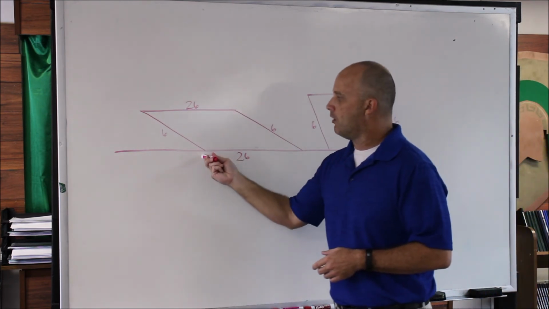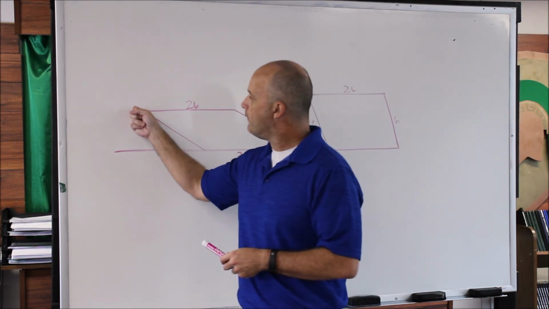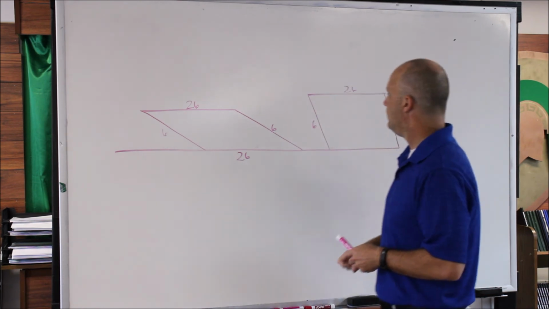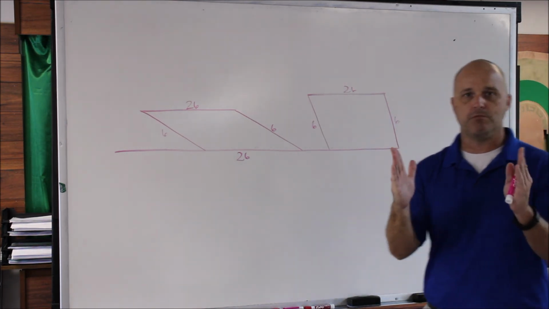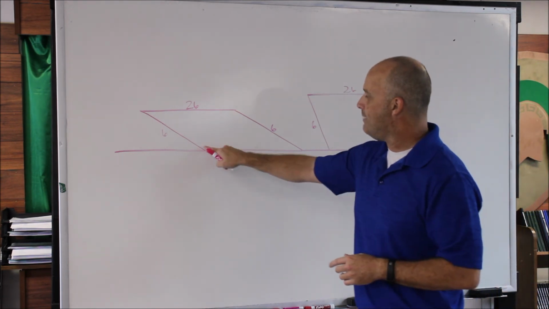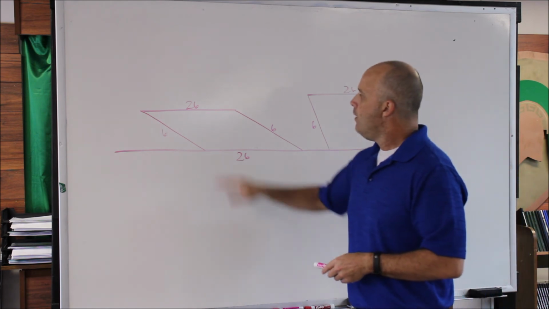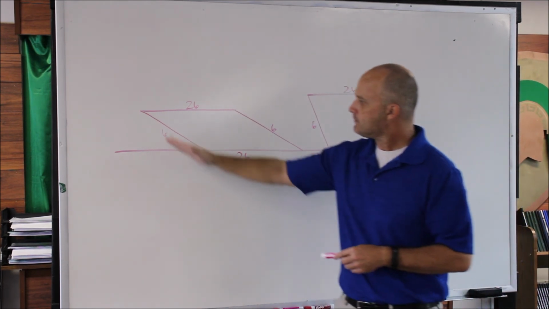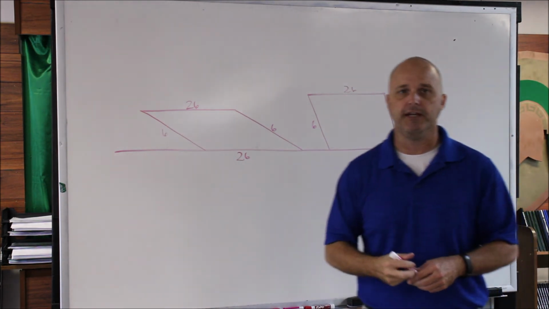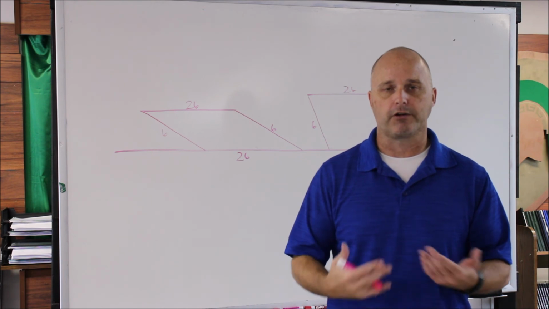How do we know that this is parallel to this ground? Well, what we know is that these arms have to be at a fixed position. They're going to be fixed here at the ground, and fixed here on the lift itself. And so those arms are going to have to remain at the same angle all throughout. We also know that since this is 26 feet and this is 26 feet, this is 6 feet and this is 6 feet, both pairs of opposite sides are congruent.